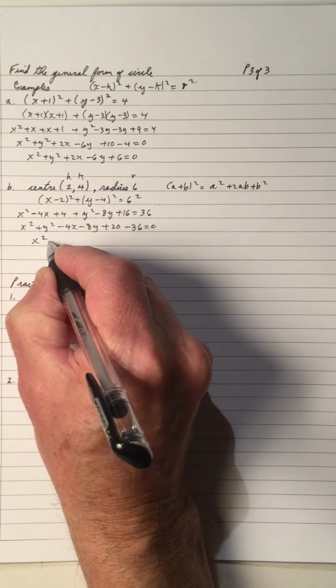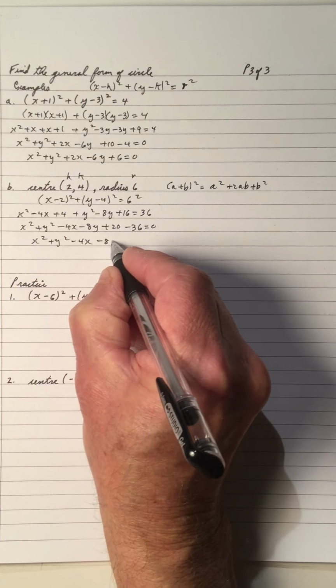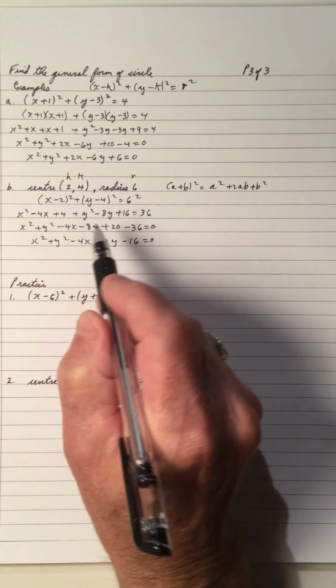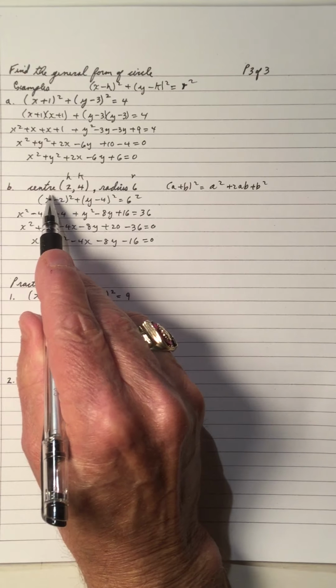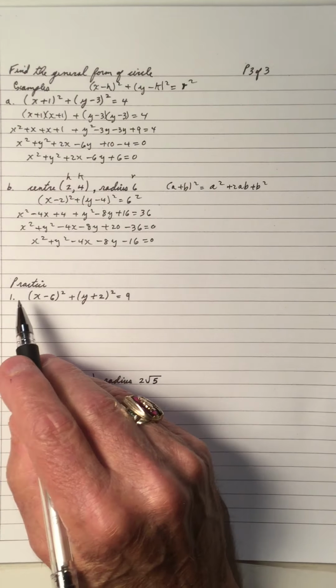So the equation is x squared plus y squared minus 4x minus 8y minus 16 equals 0. So we went from the center and radius to the standard form to the general form.